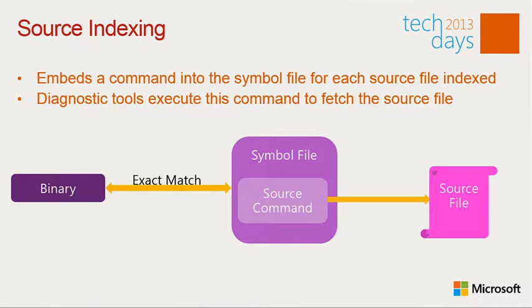Then diagnostic tools that are reading the symbol file can execute that command to find the source file. It's something you can do optionally, but it's very powerful in terms of tying it all together. Instead of finding your source and your symbols separately, it turns that into one task of just finding your symbols, and then your symbols know how to find your source.